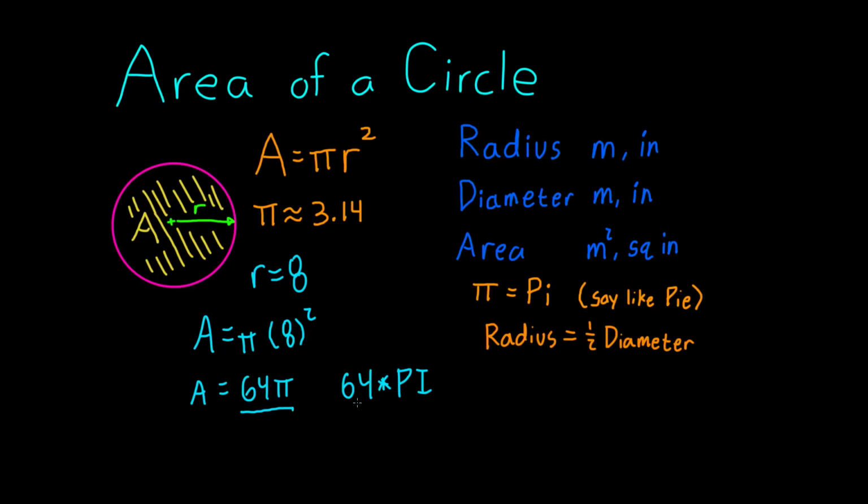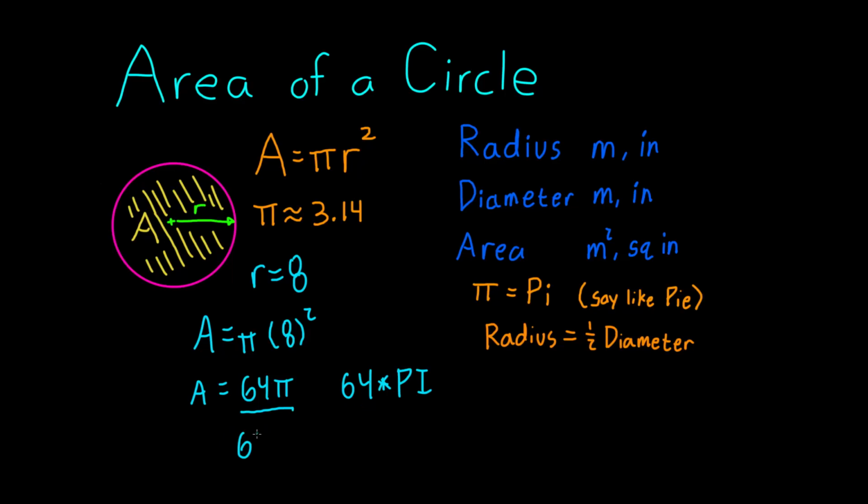The other way that you can calculate this is an approximate value, because again, pi is approximately 3.14. So if you take this 64 pi, 64 times 3.14, I'm just doing it on a calculator quick.